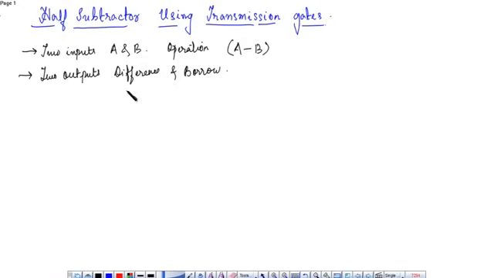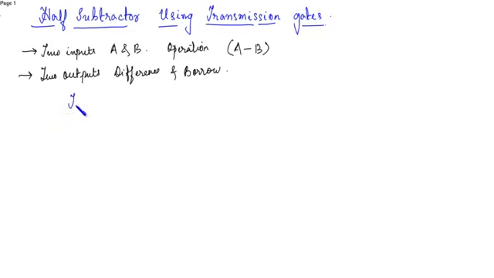So let's see the truth table of a half subtractor. Let's say this is A, B, then we have difference, and then we have borrow.